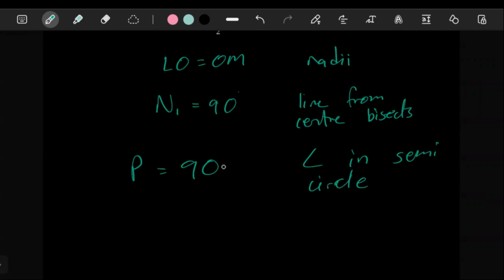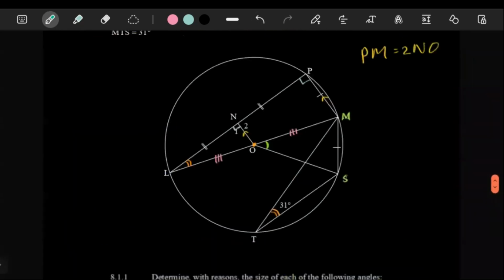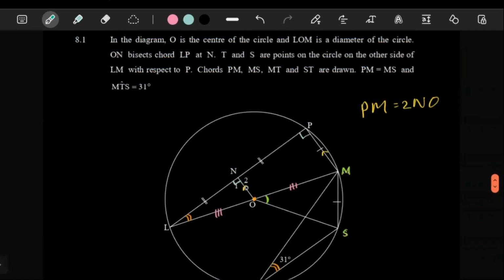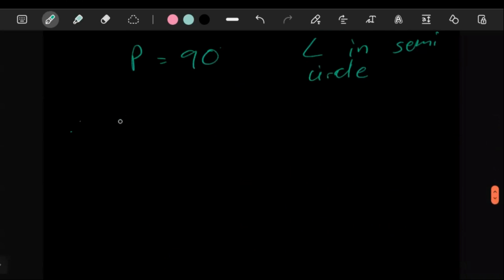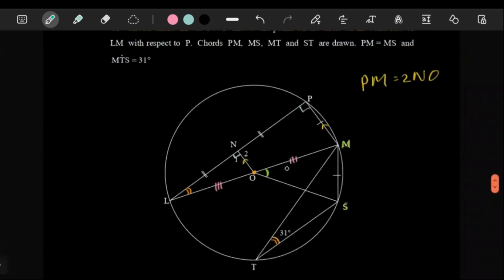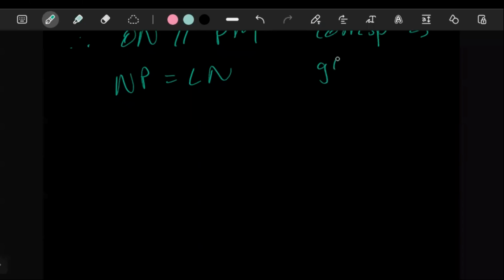So with that being said, now that you've shown that these are both equal to 90, you can tell them that ON is parallel to PM. The reason is corresponding angles. So your job would be to just show that these are equal, and these are parallel. Lastly, you can tell them that NP is equal to LN. That's a given.